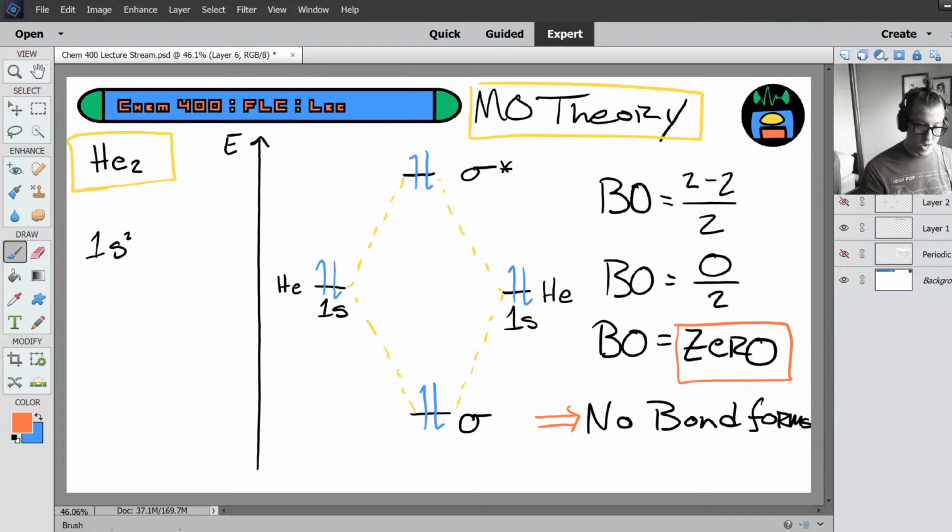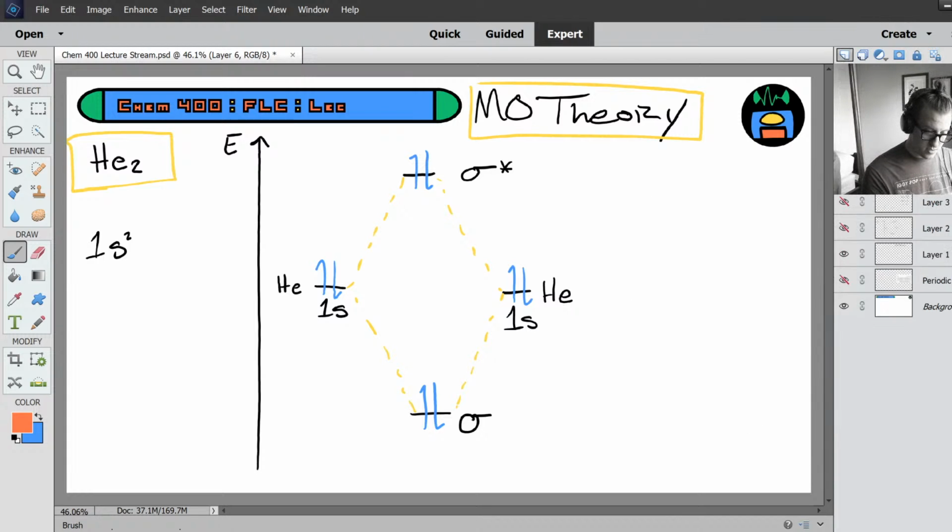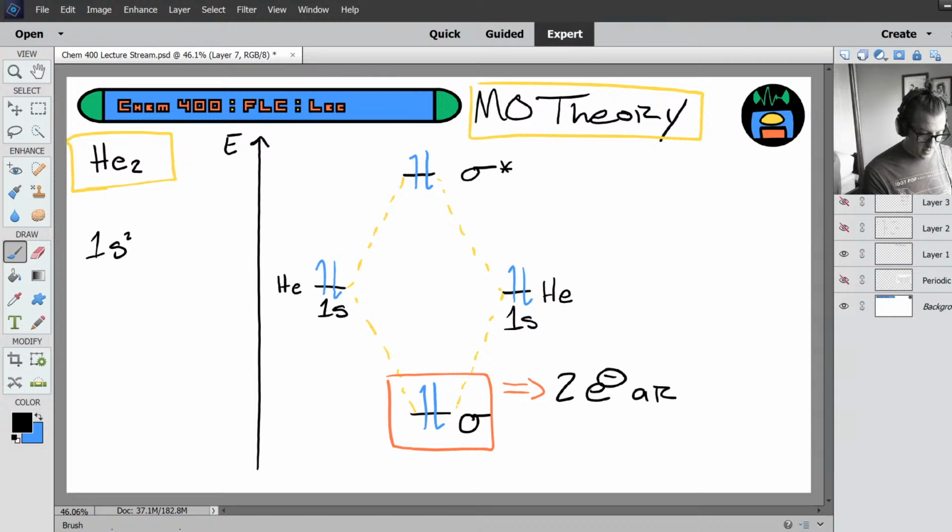Let's ask why. Well, if you look at this MO diagram, two electrons are stabilized.